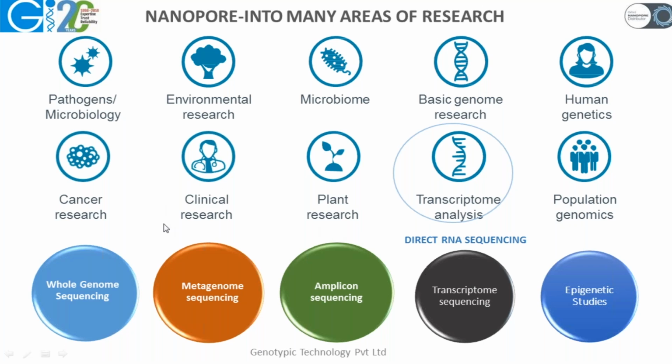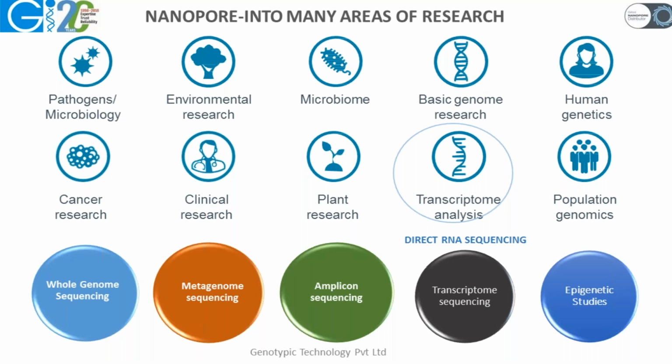Increasingly, people are using it everywhere, including clinical research and cancer research. It can be used for any application, like I have told you, whole genome sequencing. You can sequence bacteria, virus, fungus, plants, human, anything that is a living organism with DNA can be sequenced, or RNA can be sequenced.